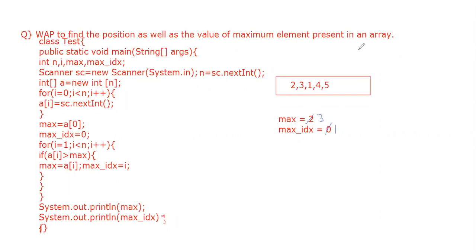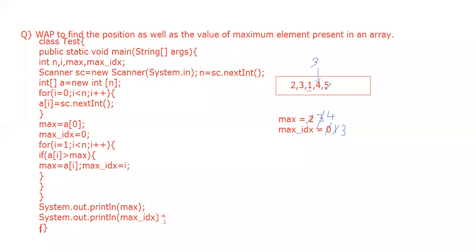Again, we will proceed and now you can see that this 1 is not greater than 3. So we will not do anything here. Again, you can see that this 4 is greater than 3. So maximum element will be 4 and maximum idx will be what? It will be 3 because for this element the value of i is 3.